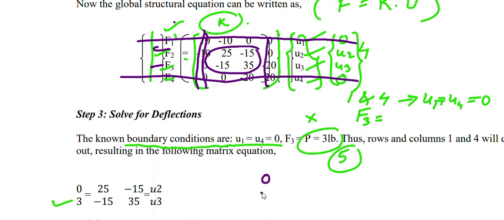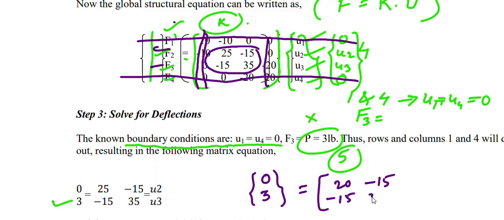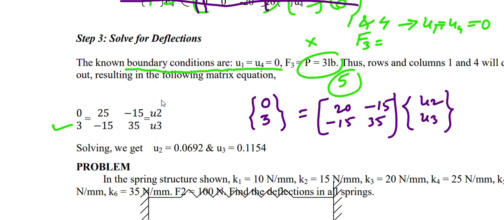There is a F3, that is you can take as 5 or you can take as 3. Okay, if you take in 3, then this will be force vector is equal to matrix 20 minus 15, minus 15 35 into the displacement will be u2 u3. Now you will get a two unknown equation like this.